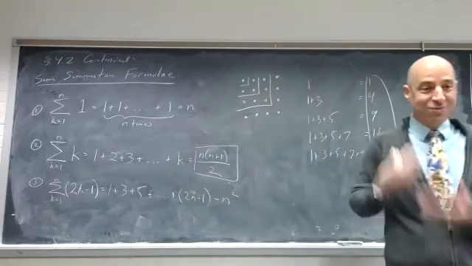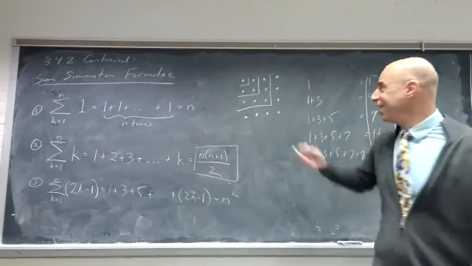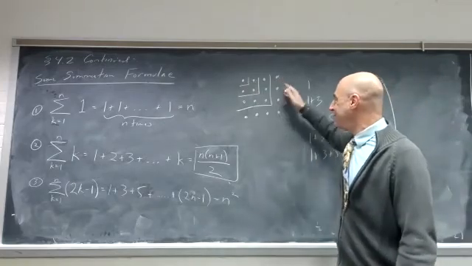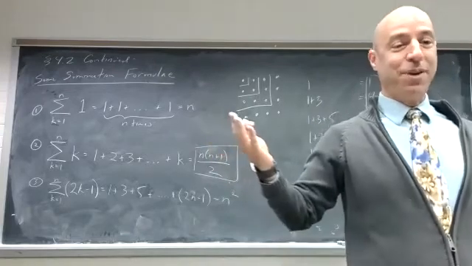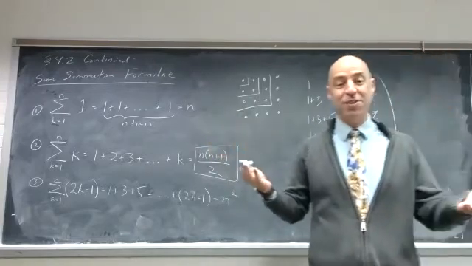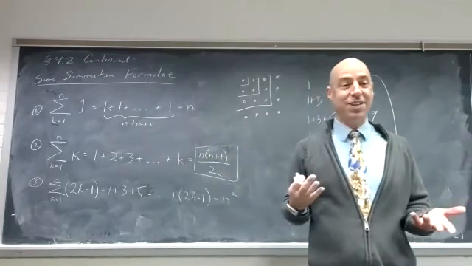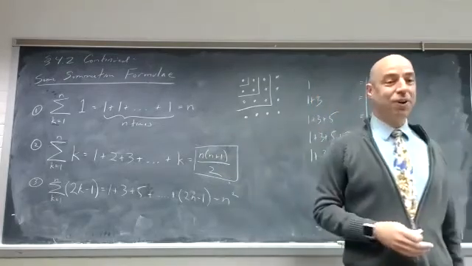Is everybody convinced that if you add the first n odd numbers, it's always going to make a nice little square? I find that perfectly convincing. If a proof is supposed to be something that convinces everybody, for me, this is a perfectly good proof.